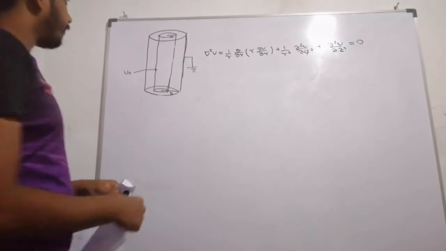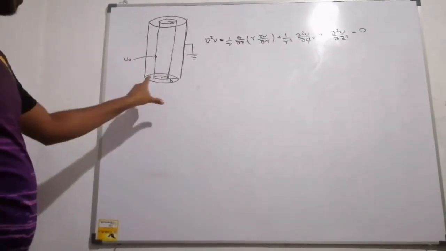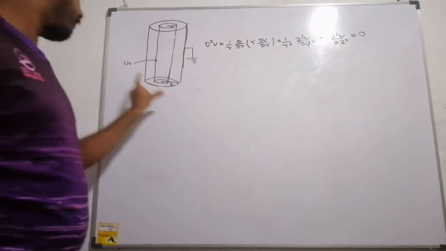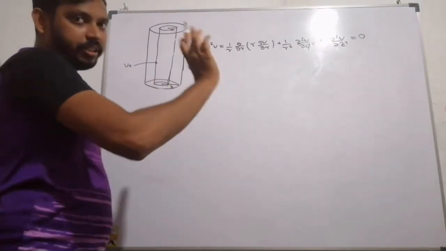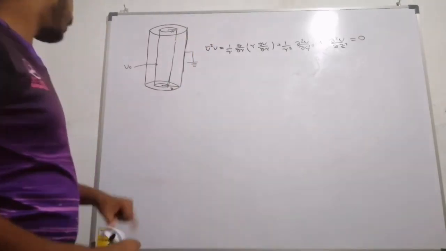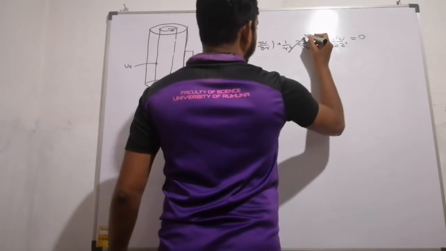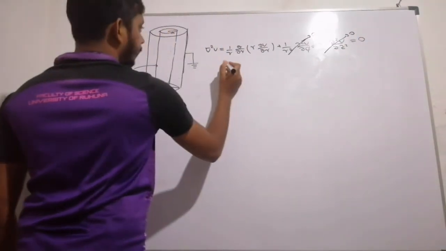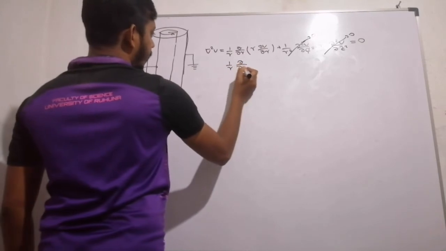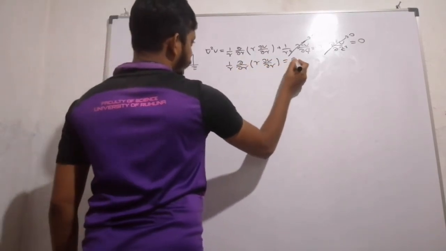Look at here. In here also potential depends only on R, so we can neglect the phi term and the Z term. Then 1 over R d over dR of R dV over dR equals 0.